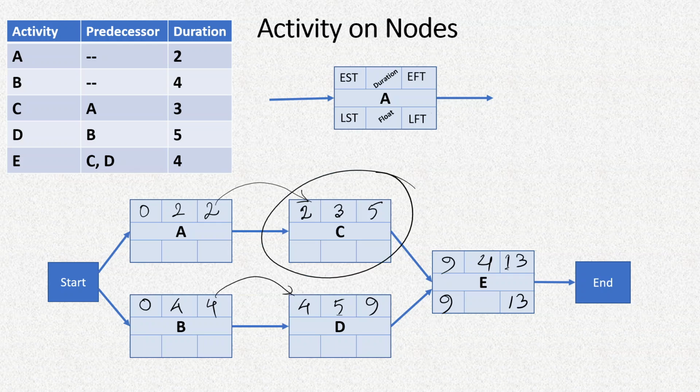For this activity, the latest finish time will be 9 days. That means this value is simply transferred here, and latest start time is latest finish time minus the duration, which is 9 minus 3, that is 6 days.